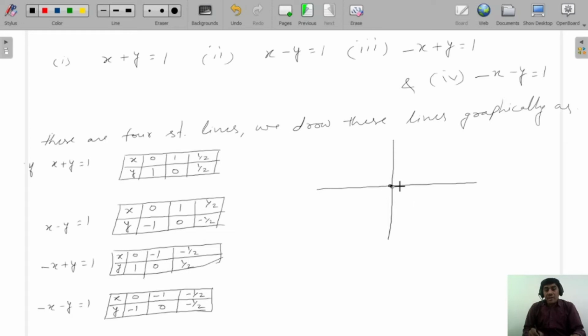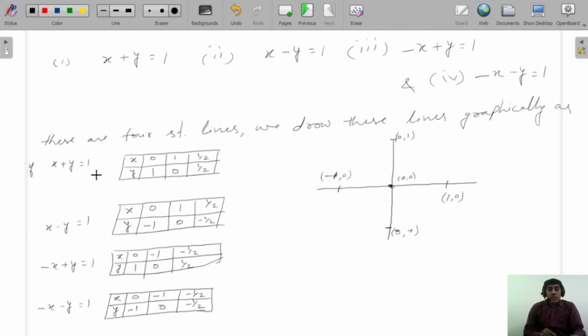This point is the (0,0) center point. x is 1, y is 1, y is minus 1, x is minus 1: the points (0,0), (1,0), (0,1), (0,-1) and (-1,0).